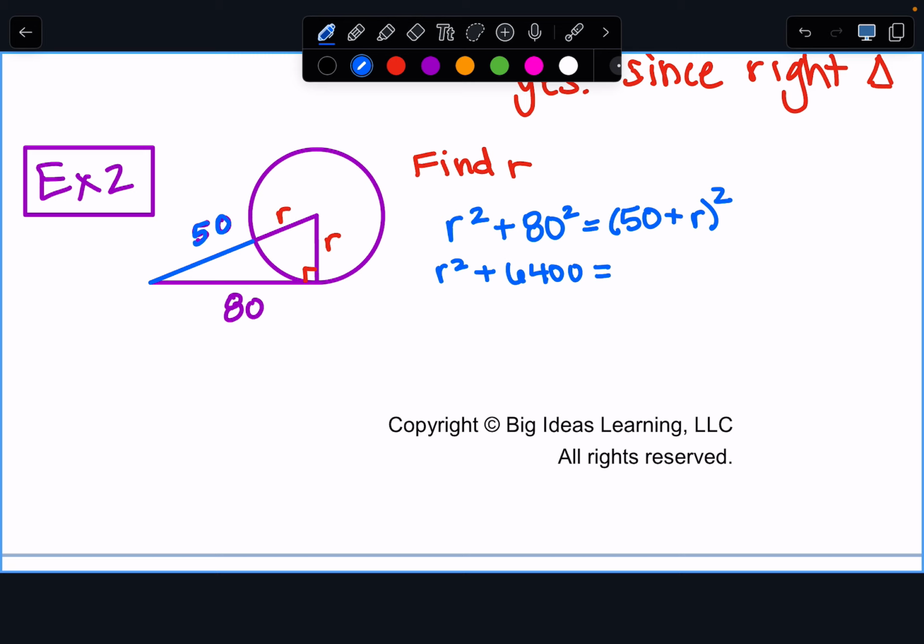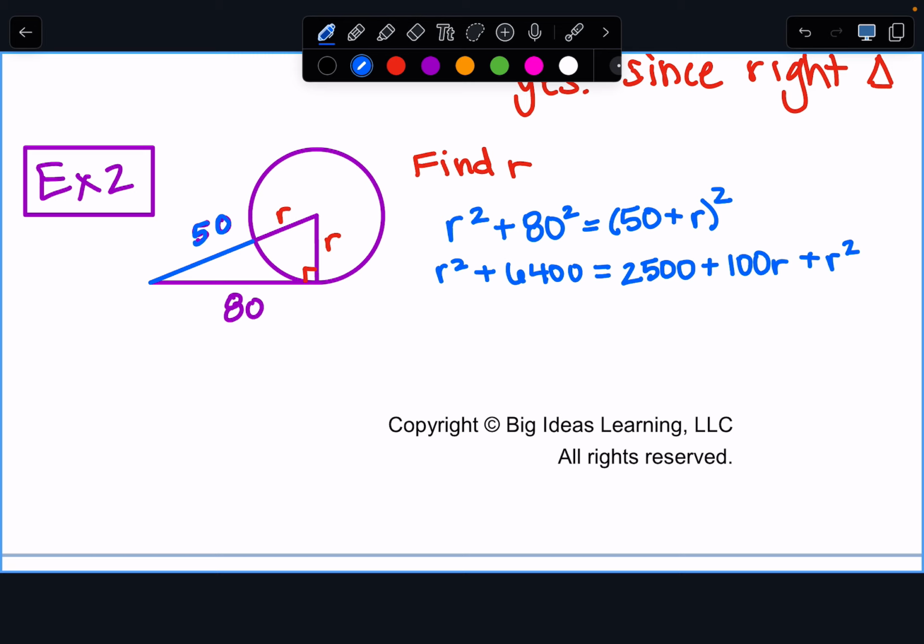$50 plus R times 50 plus R would give us 2,500 plus 100R plus R squared. Minus R squared. That's why we had to do this earlier, because that's how we're going to solve this.